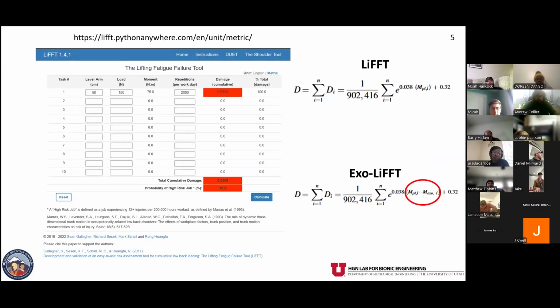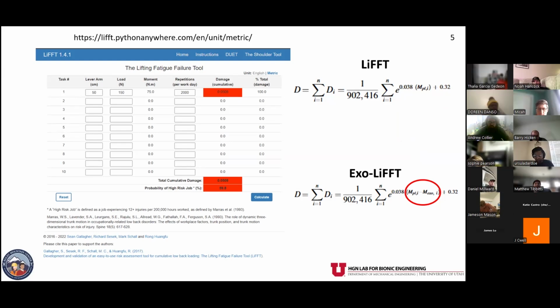We might have seen this before in our ergonomics class, but they're using this lift assessment tool, the lifting fatigue failure tool. It takes into account how heavy the thing you're carrying is, how far out in front of you you're carrying it, and how many repetitions per day you're doing this task.